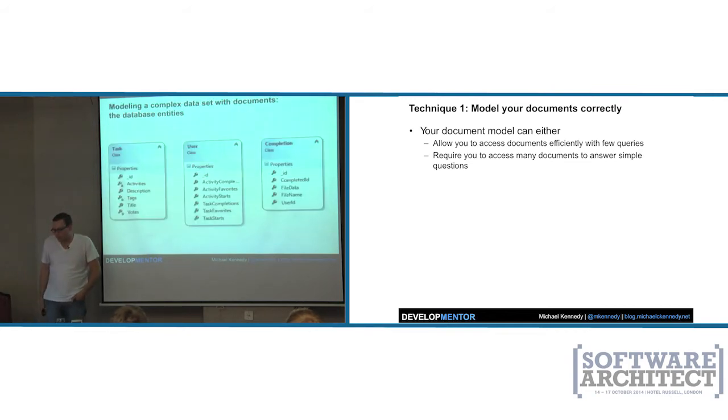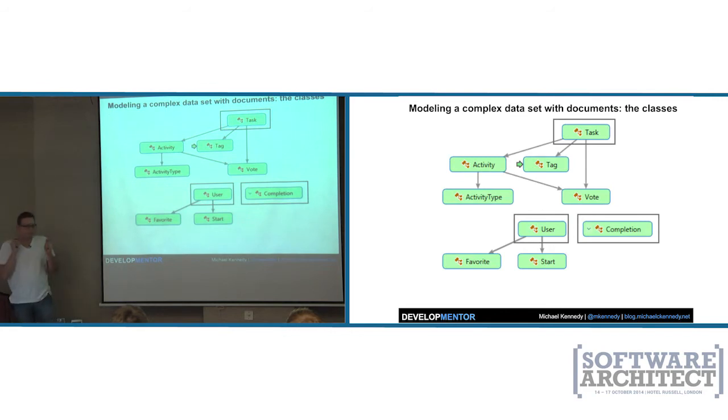So if I go back a couple here, we said we're going to model our particular page so that we are pre-computing these joins, and we're making the assumption that when I get one of these tasks, I'm almost always going to need information about the activities that make it up. Maybe I need to say what types they are. Maybe I need to say how long they are so I can sum them up to be how long the task is going to be in time or whatever reason I need them. But I need these things when I get the tasks.